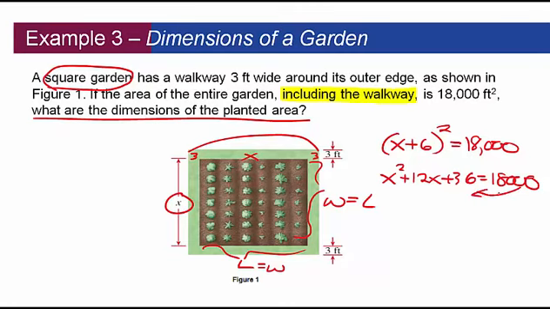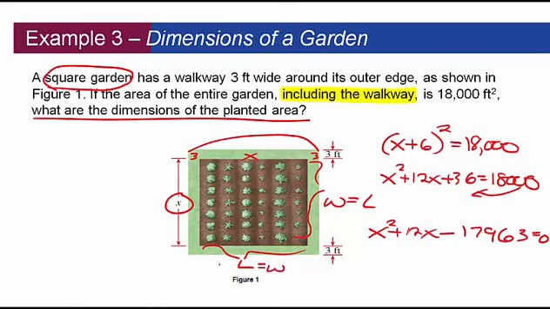You have to bring the 18,000 over because you always have to set a quadratic equal to 0. So you get x squared plus 12x minus 17,963 equals 0.